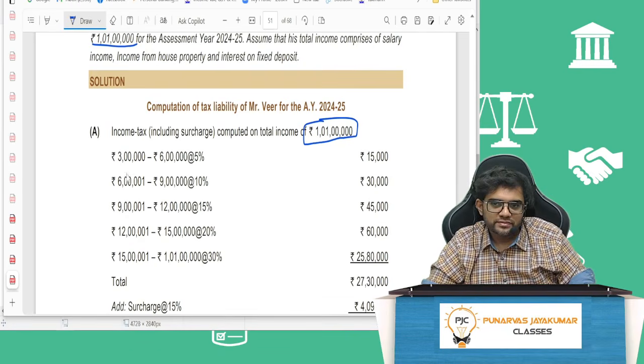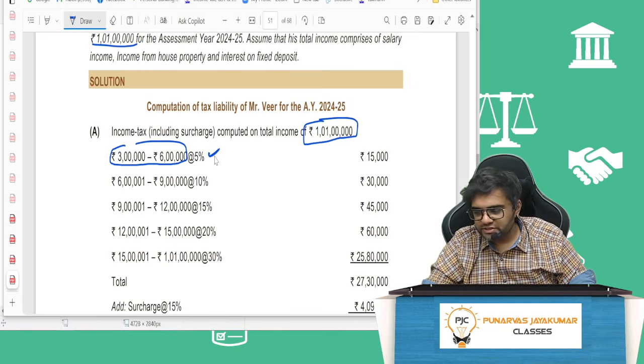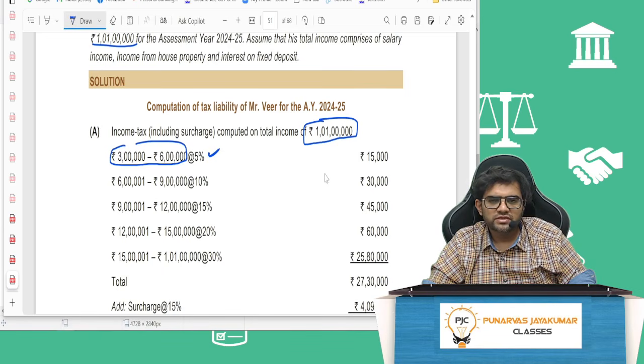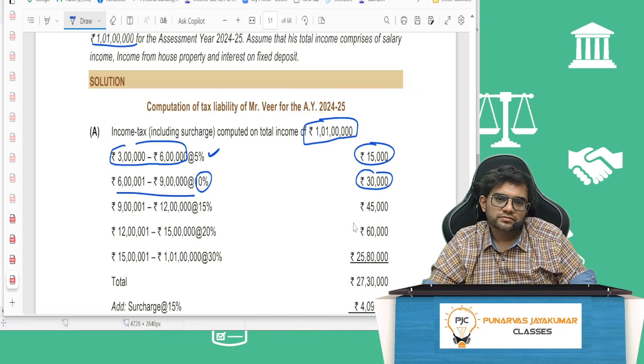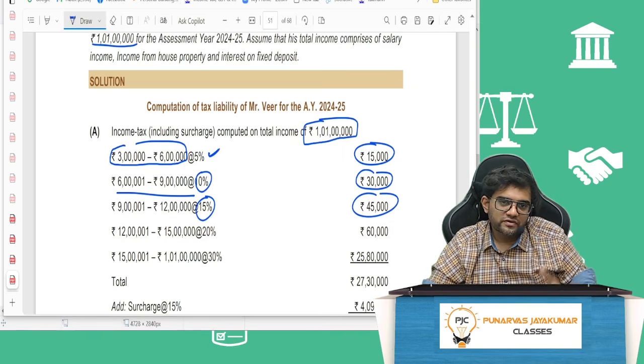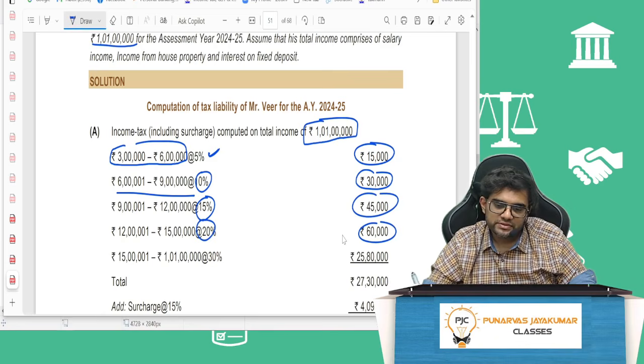Up to 3 lakh nil. 3 lakh to 6 lakh, for 3 lakh rupees I have to pay 5%, which is 15,000. 6 lakh to 9 lakh, for 3 lakh extra, 10%, 30,000. 9 lakh to 12 lakh, for 3 lakh extra, 15%, so 45,000. 12 lakh to 15 lakh, 3 lakh extra, 20%, 60,000.